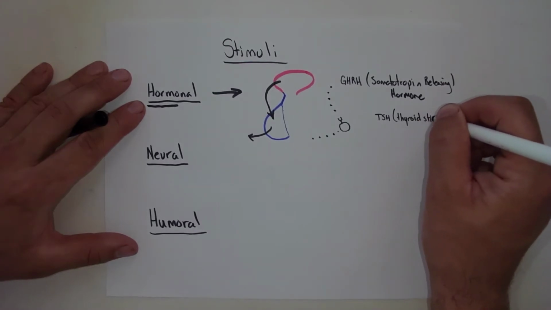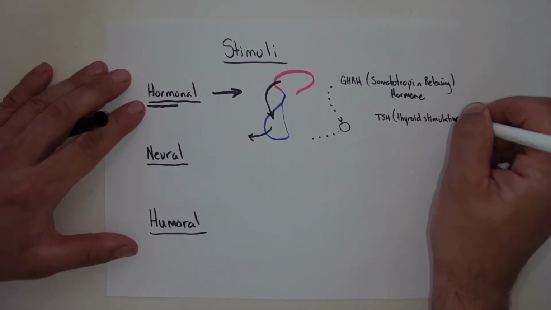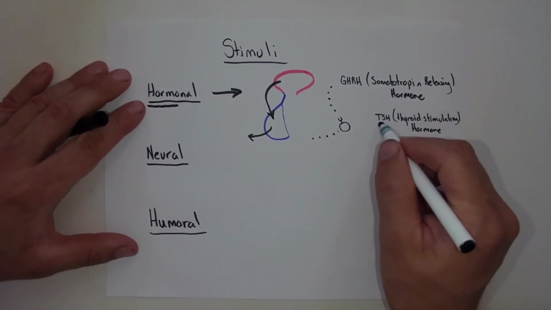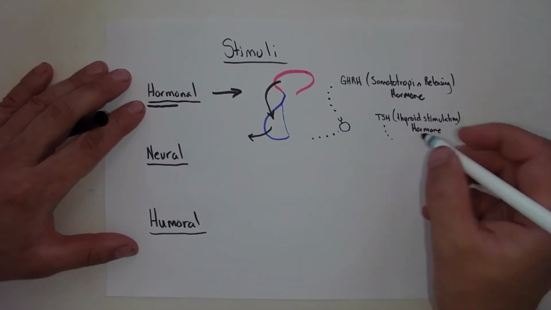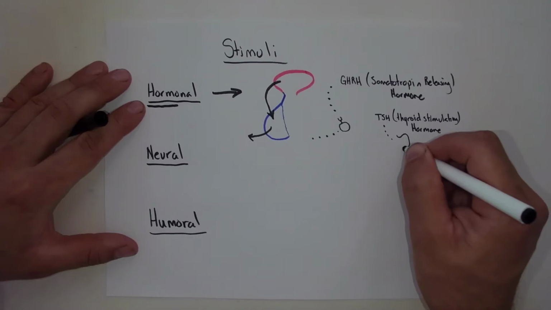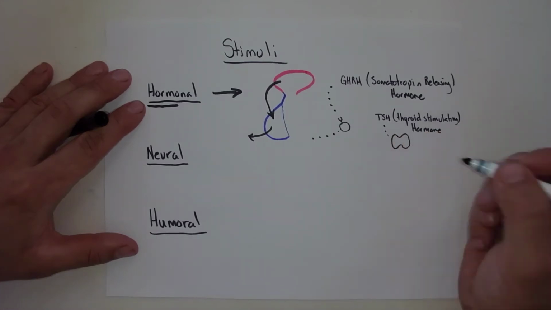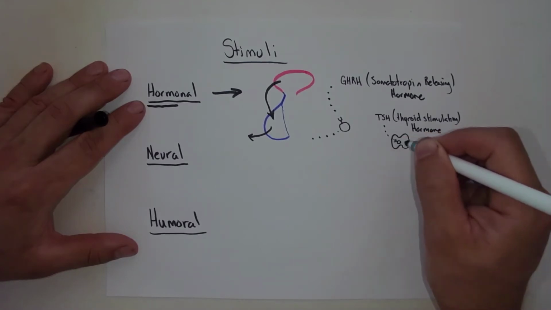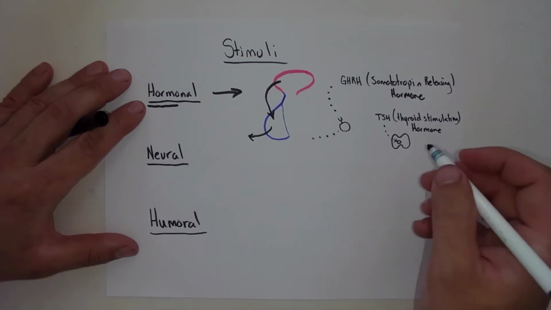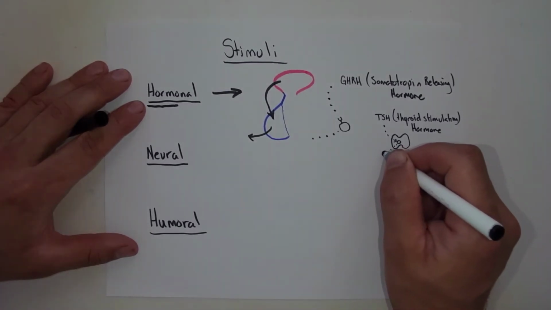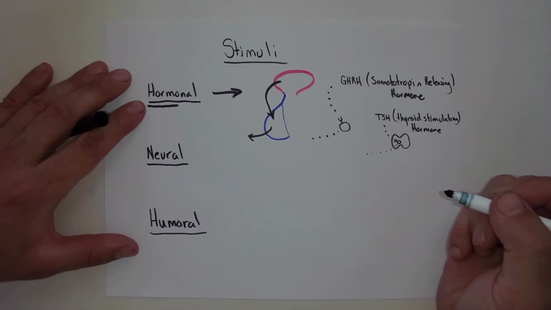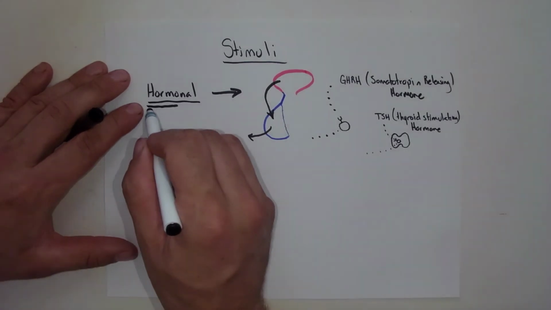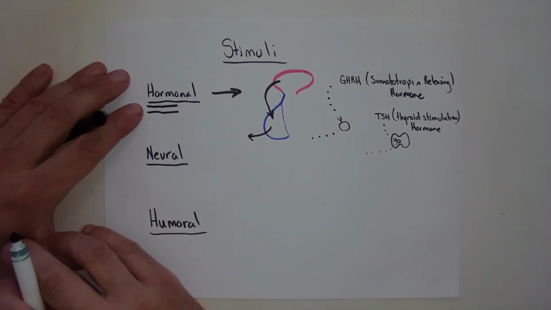Now, thyroid stimulating hormone is going to be released, and it's going to go affect cells of that thyroid gland. And when it binds to cells of the thyroid gland, follicular cells, it's going to cause those follicular cells to release thyroid hormone, T3 or T4. These are examples of hormonal stimuli.